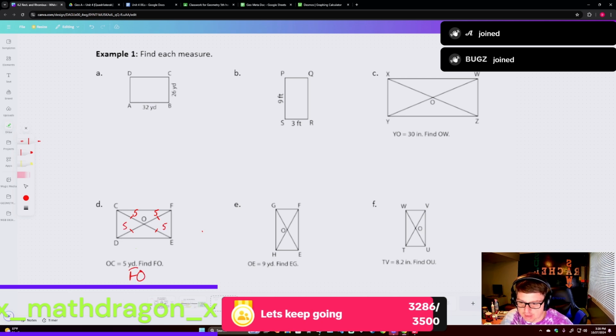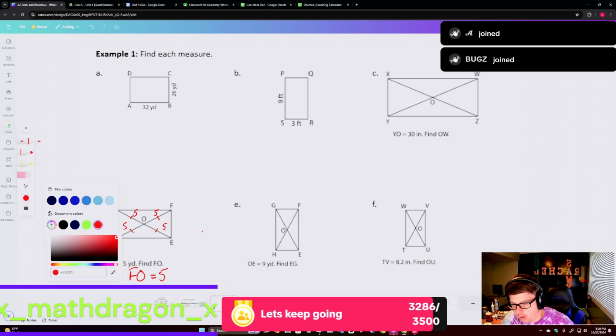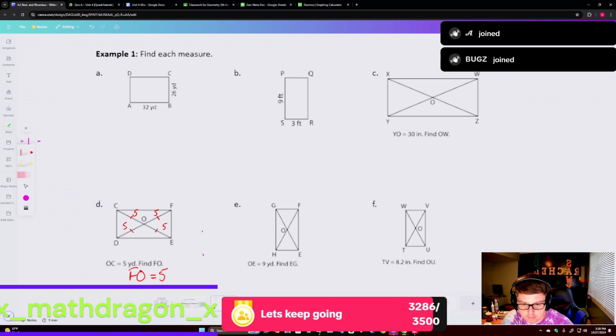And so I could say FO equals 5. We could also say OE is 9, which makes each one of these 9. And if I wanted to find EG, EG is EO plus OG, so segment addition postulate. I'm just going to do 9 plus 9 equals 18.